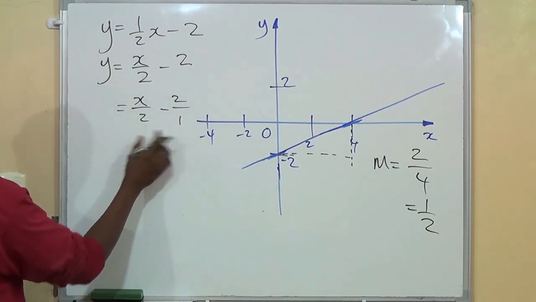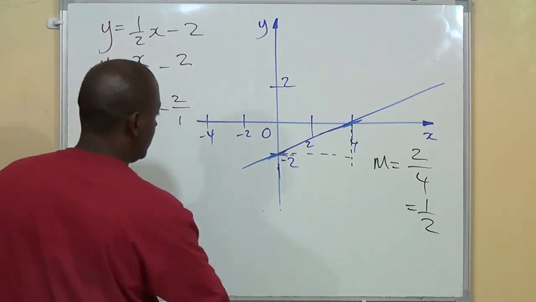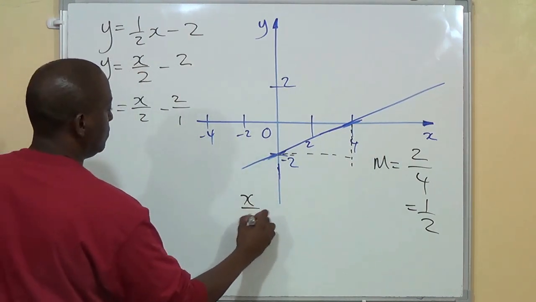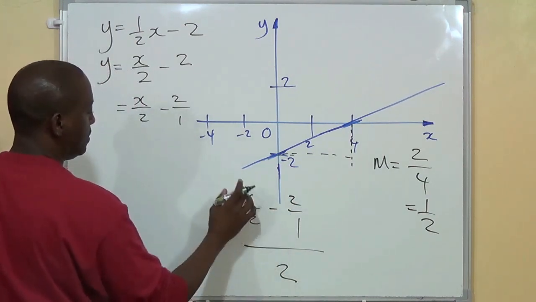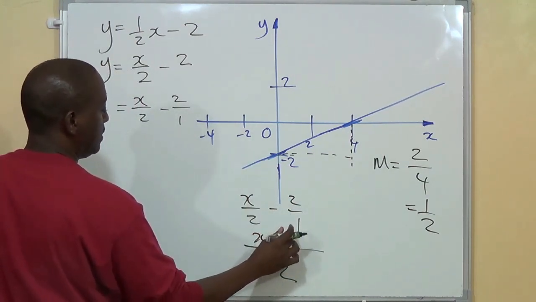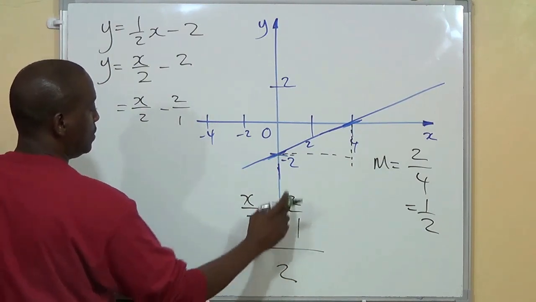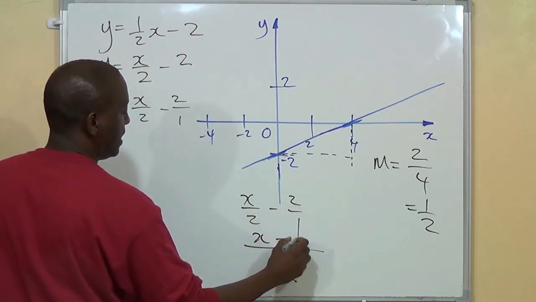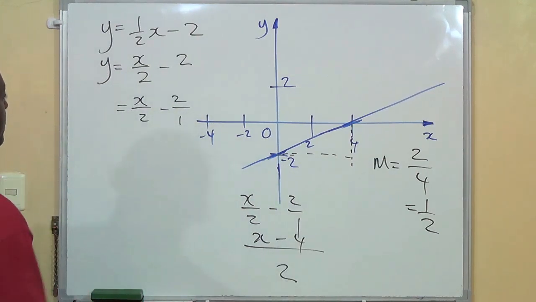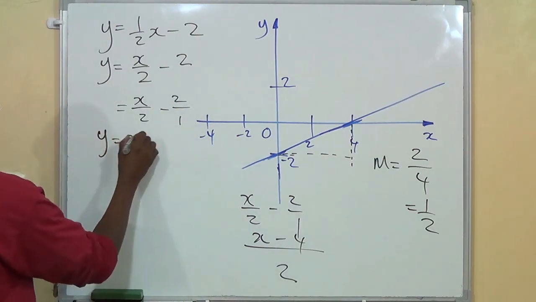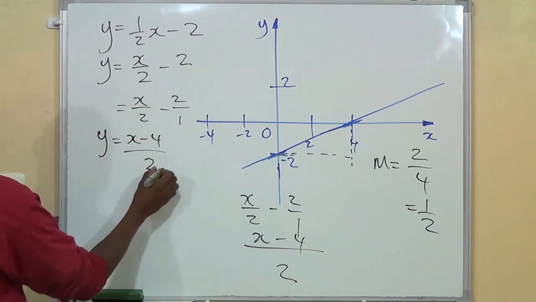The LCM is 2. 2 into 2, 1. 1 by x is x. 1 into 2 is 2. 2 by 2 is 4. Minus sign remains, and you have 4. So that's x minus 4 over 2. So your y is equal to x minus 4 over 2.